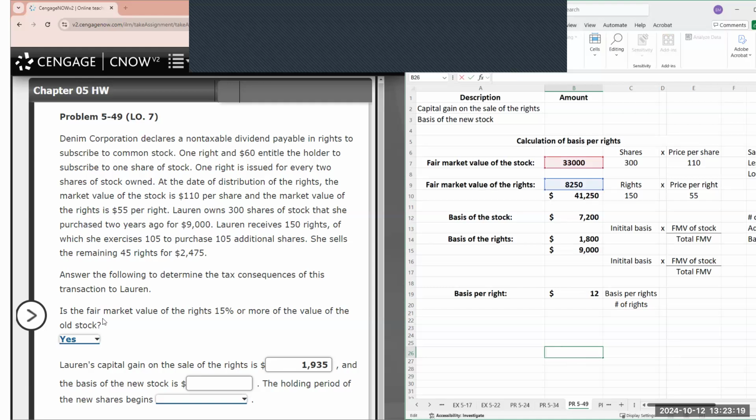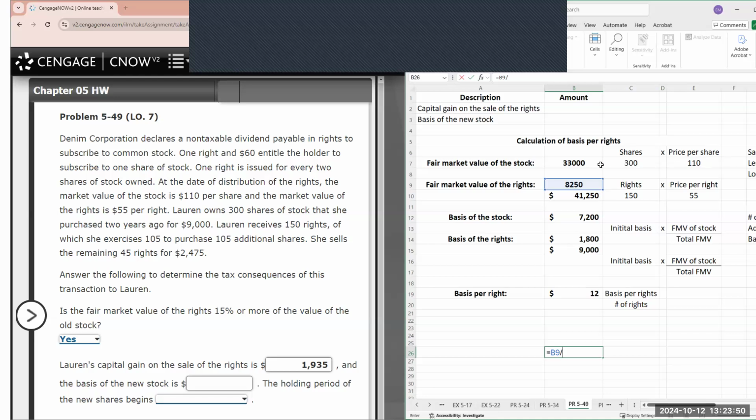So here, just to go over it again, is the fair market value of the rights 15% or more? The answer is yes, because as we calculated, the fair market value of the rights, which we calculated as 150 rights multiplied by $55 per right, which gave us 8,250, divided by the fair market value of the stock, which we determined based on 300 shares that had a market value of $110 per share.